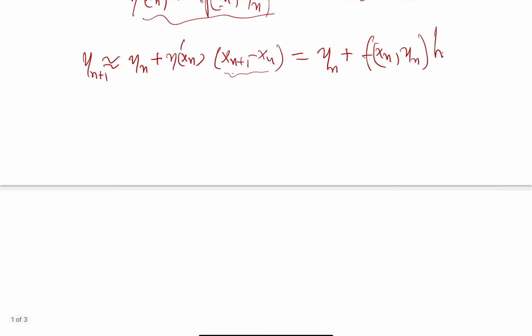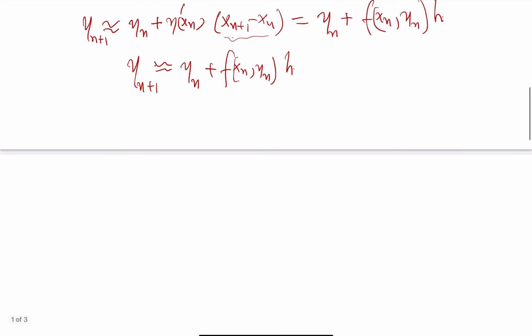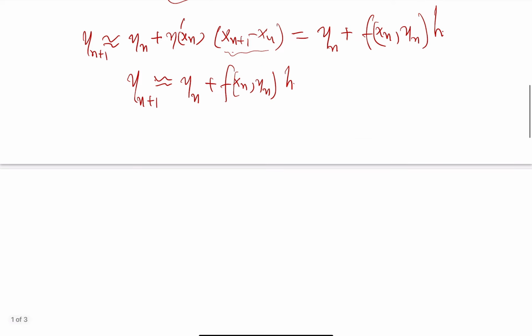So now here is our approximation: yn plus 1 is approximately equal to yn plus f(xn, yn) times h. Okay. So that's all we have to use to approximate.